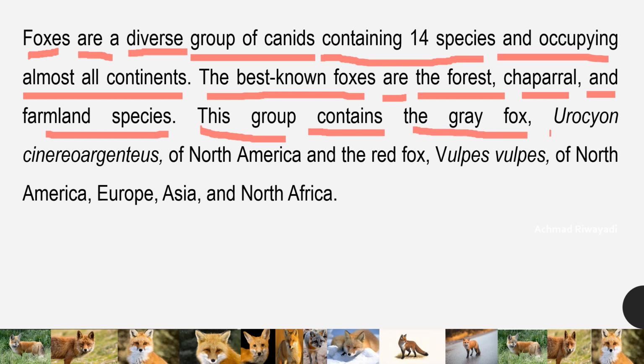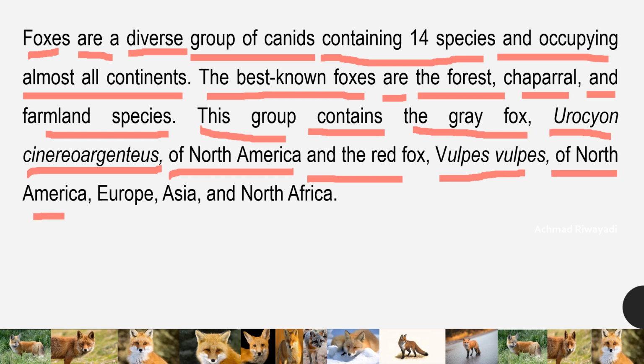Dalam bahasa Latin, Urocyon cinereoargenteus, yang tinggal di Amerika Utara, and the red fox, Vulpes vulpes of North America, Europe, Asia, and North Africa. Dan rubah merah, dalam bahasa Latin, Vulpes vulpes, yang tinggal di Amerika Utara, Eropa, Asia, dan Afrika Utara.